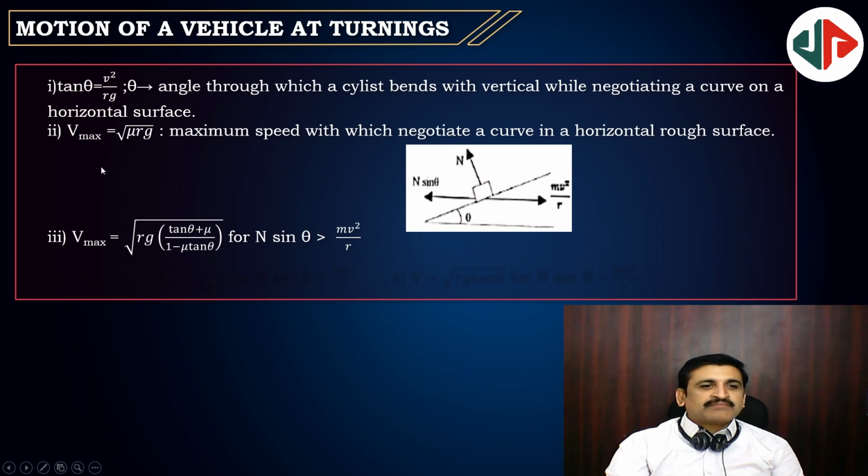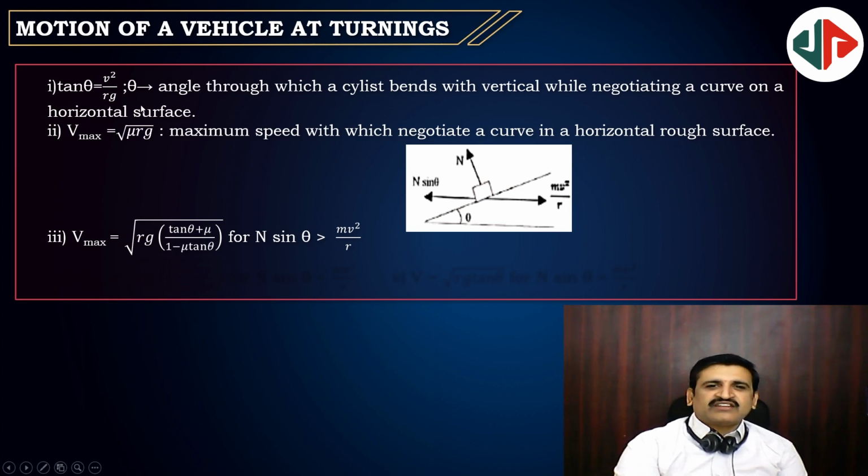Maximum velocity on an unbanked road is root mu RG. On a banked road, it is square root of RG times tan theta plus mu by 1 minus mu tan theta. For a frictionless banked road, V equal to root RG tan theta.